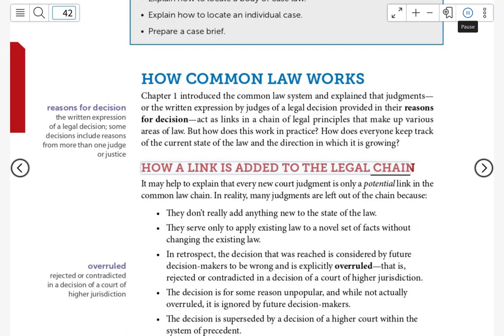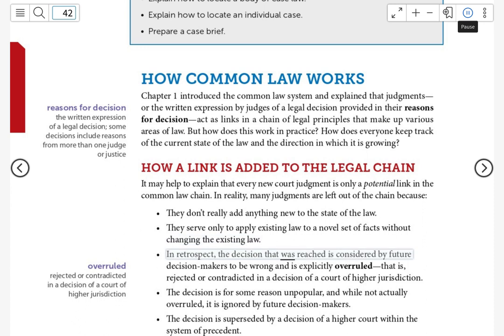How a link is added to the legal chain. It may help to explain that every new court judgment is only a potential link in the common law chain. In reality, many judgments are left out of the chain because they don't really add anything new to the state of the law. They serve only to apply existing law to a novel set of facts without changing the existing law.